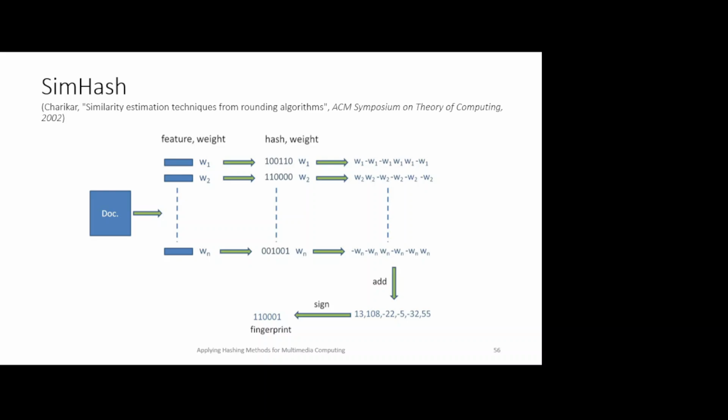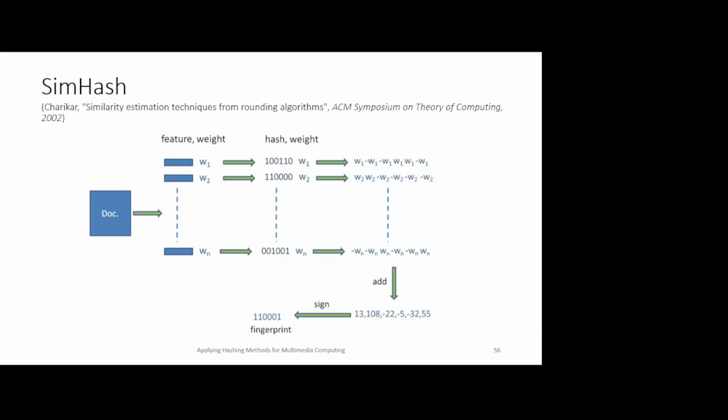Okay, given a document, you can extract many tokens from it. Suppose you extract n tokens, and each token you represent as a feature vector here, and each token has a corresponding weight, W1 to Wn.